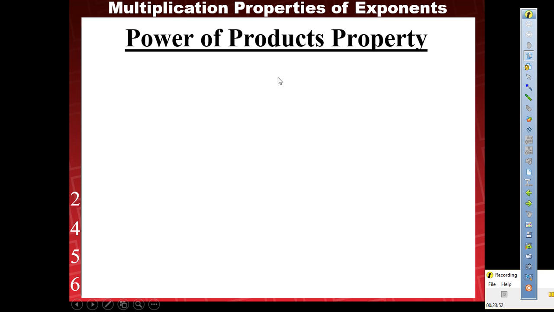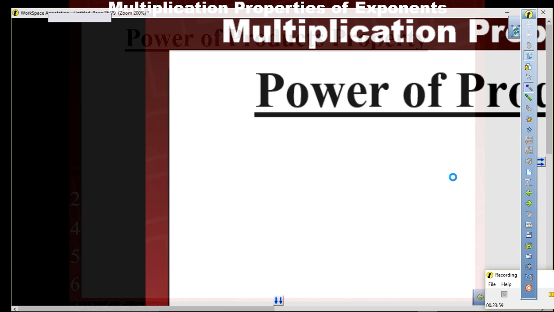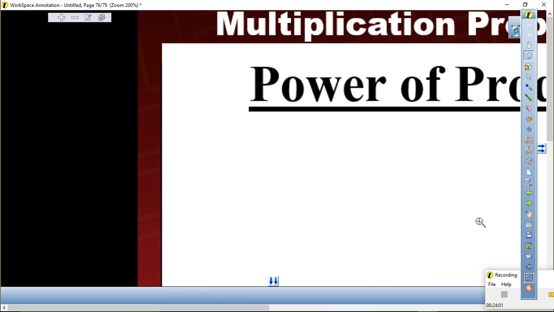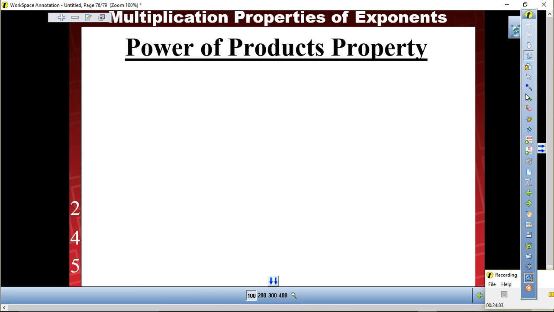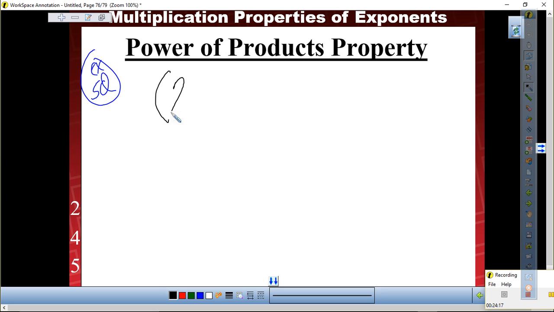Copy this one. Power of products property. Last property for the day for multiplication. Power of products property. Example: parentheses, 2, x to the 4th, close parenthesis, raised to the 5th power.